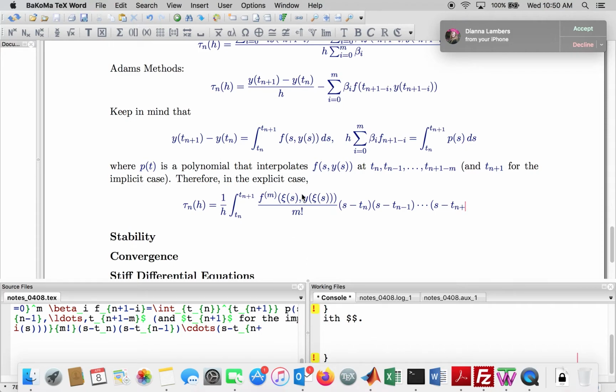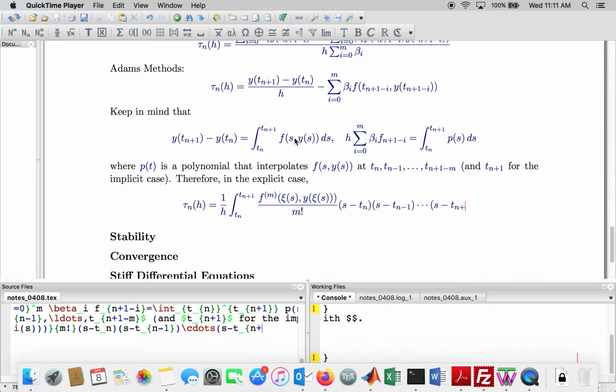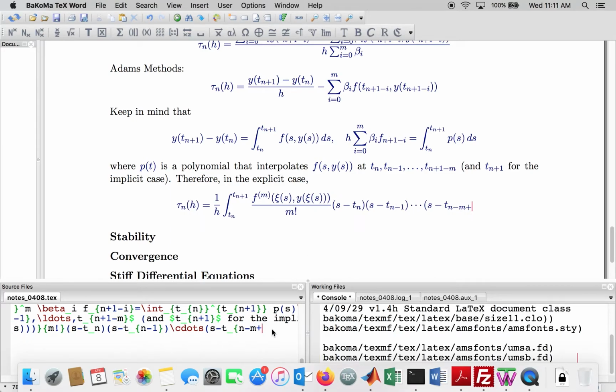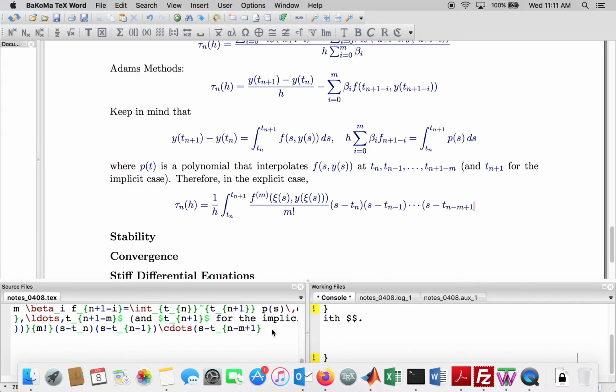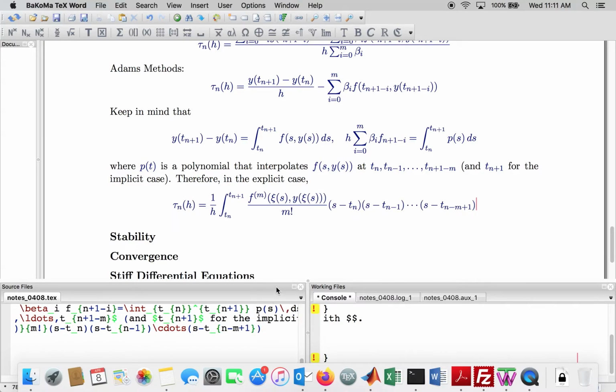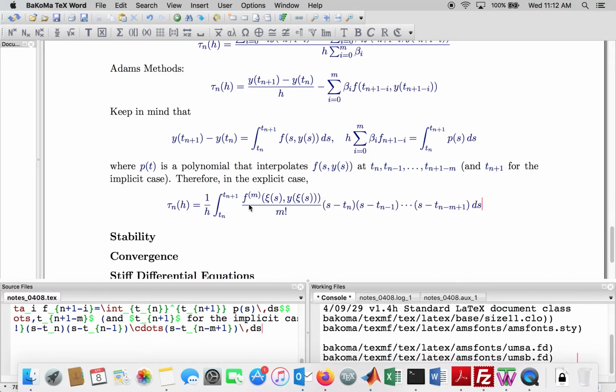Okay, let's see if I can wrap this up before something else goes wrong. So, all right, now I have this integral here, which is the integral of the polynomial interpolation error.